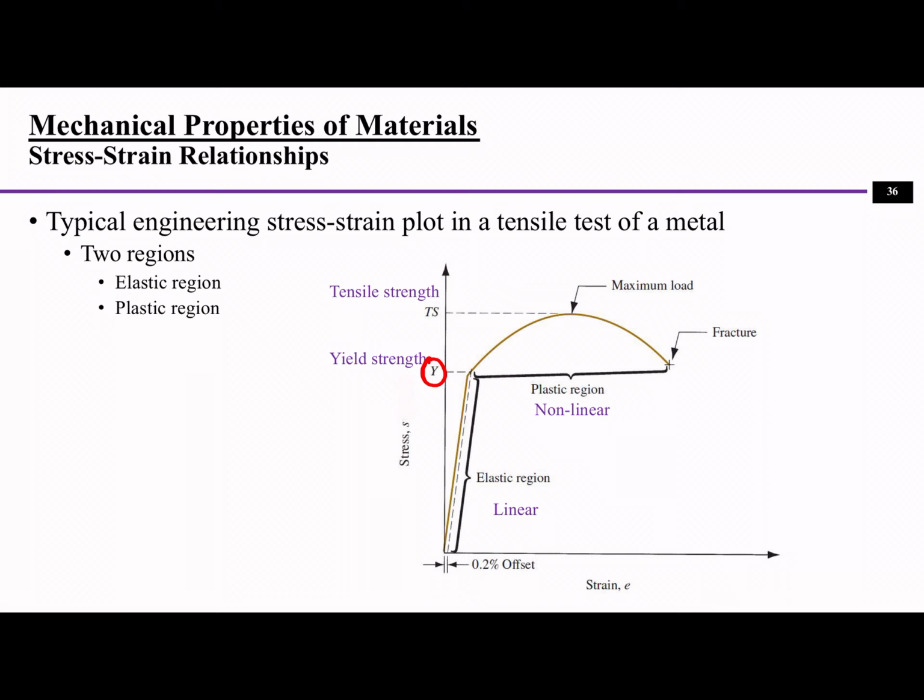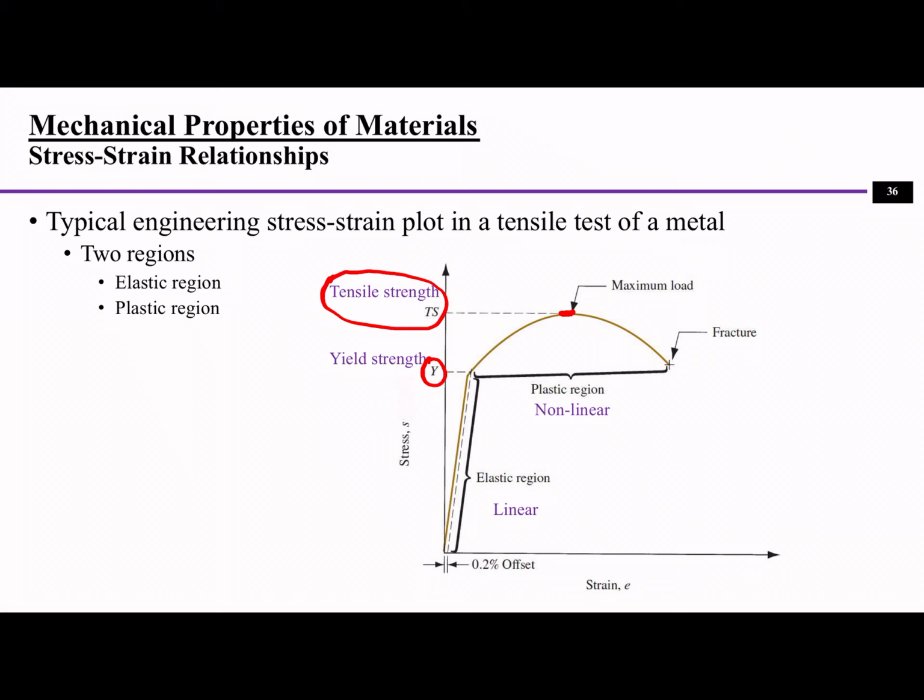The elastic region is linear or close to linear, while the plastic region is non-linear. When you keep pulling the material, you will reach a maximum load here, and this load is called tensile strength.